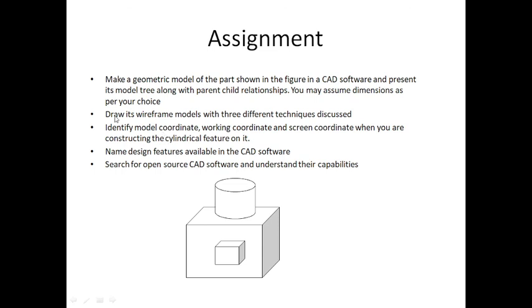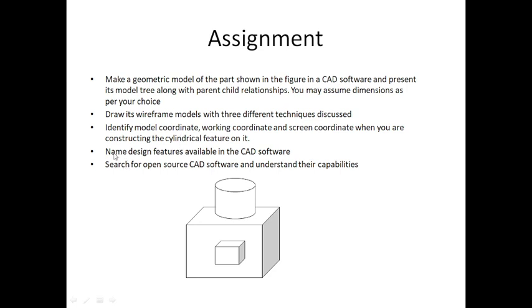Then draw its wireframe model with the three different techniques discussed. Then identify the model coordinate, working coordinate, and screen coordinate when you are constructing the cylindrical feature on it. For example, when constructing this cylindrical feature, you will have to refer to its model coordinate.